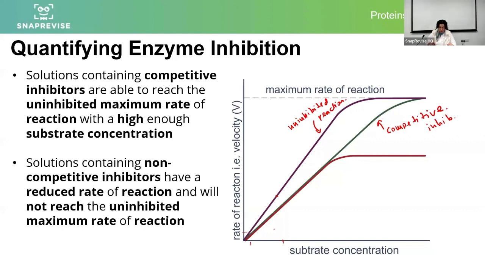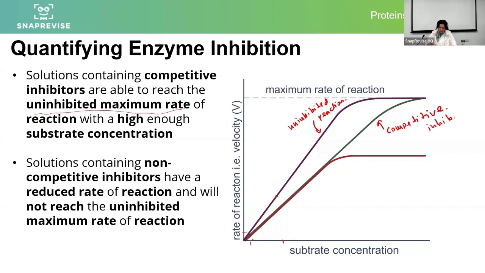So the reaction can eventually reach the same rate as the uninhibited reaction. So solutions containing competitive inhibitors are able to reach the uninhibited maximum rate of a reaction with a high enough substrate concentration. I'd encourage you to use that phrasing in your answers. Meaning that we can effectively drown out the effect of the inhibitor by adding enough substrate.